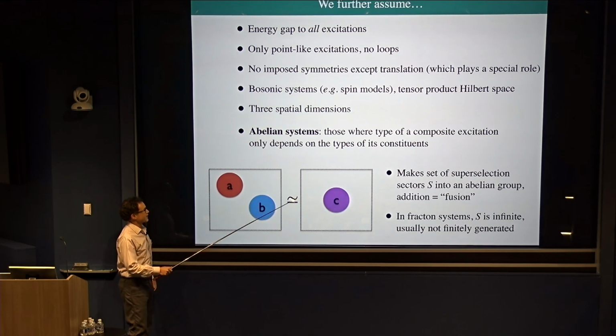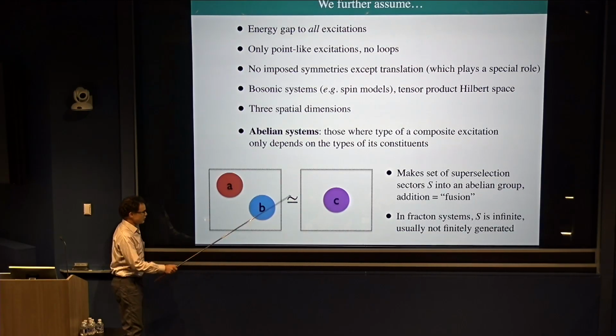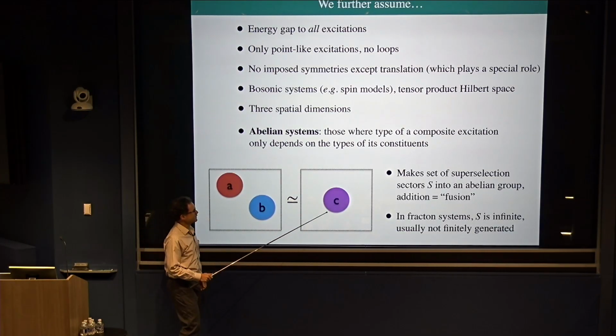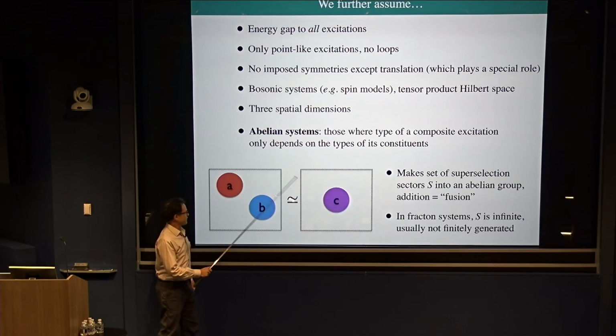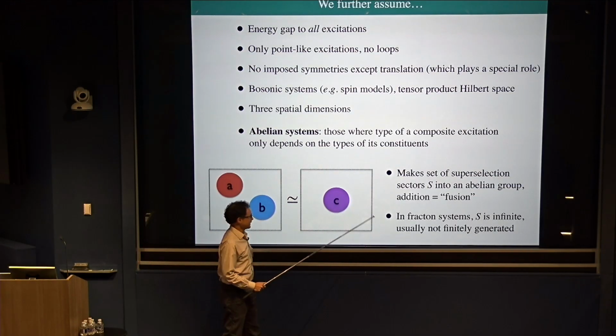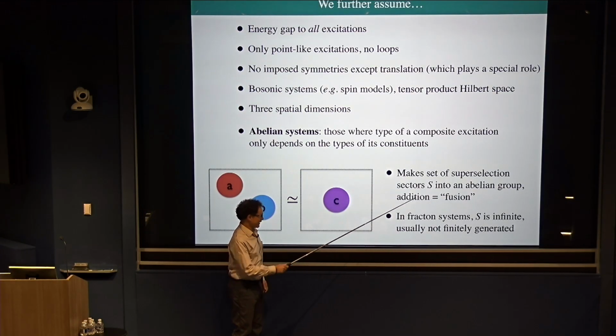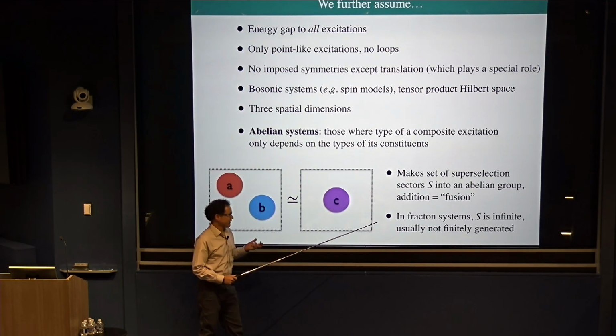So that's a property of the superselection sectors. What it means for a system to be abelian is that if you take 2 excitations and fuse them, the type of the composite only depends on the types of the constituents. So you get a well-defined binary operation on the set of superselection sectors S, which makes it into an abelian group.